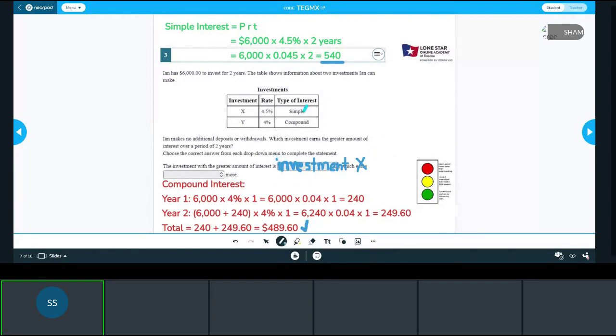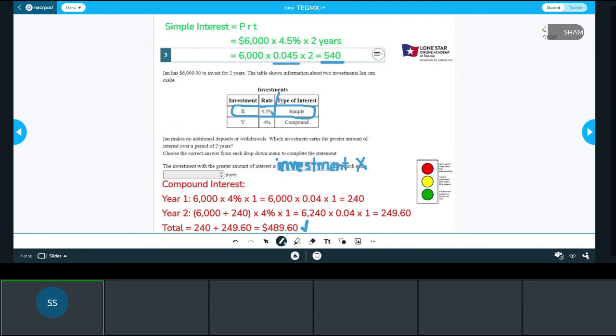So why did simple interest, that was investment X, earn more? Did you come up with a reason? Look carefully. The rate of interest for simple was higher. It was 4.5%, right? And therefore you ended up earning more on simple interest than compound interest.